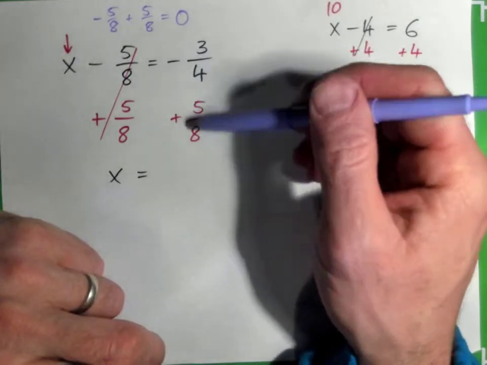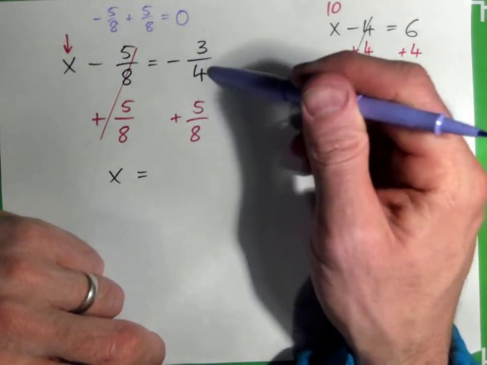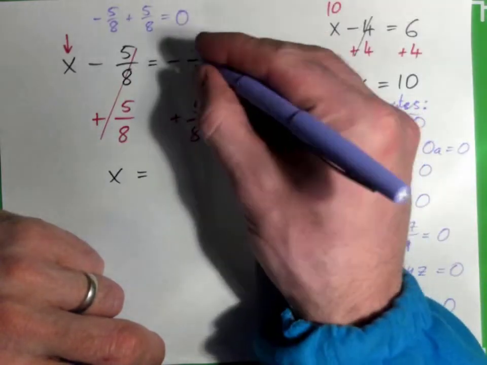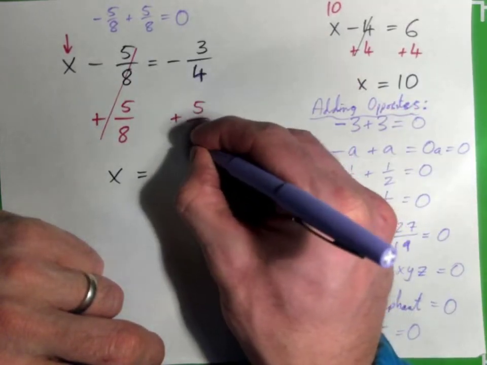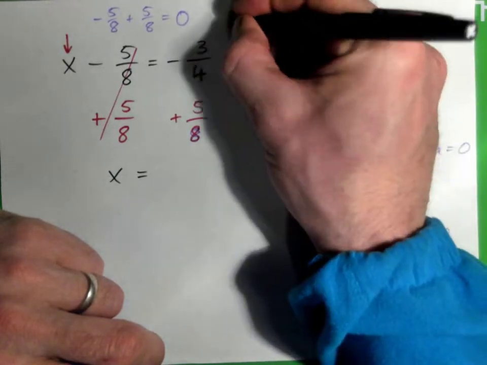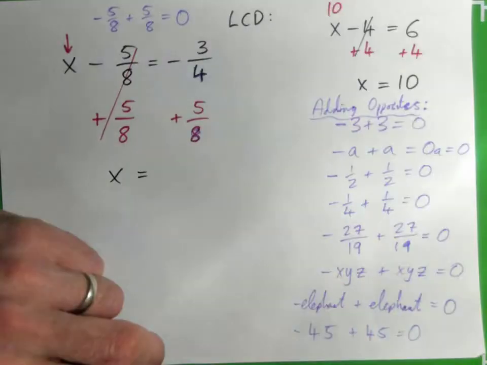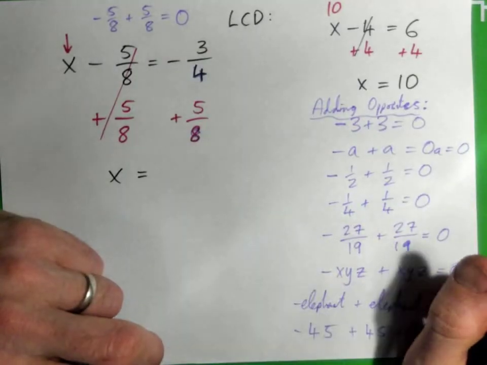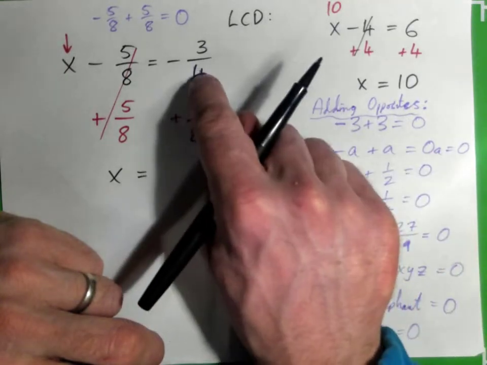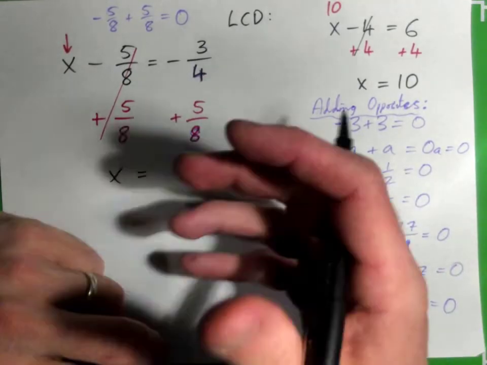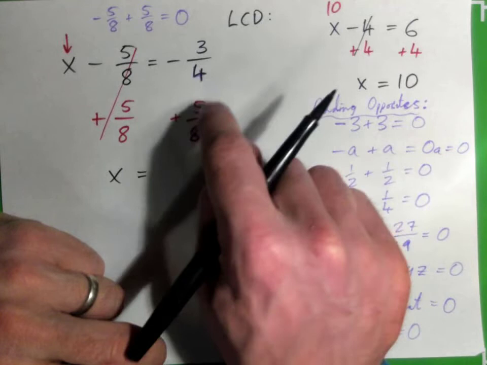So we must make the bottoms the same, but they're not the same because you've got quarters here and 8s over here. So how do we make the bottoms the same? Like, what's the lowest common denominator? So you've got to think about multiples of 4 and multiples of 8. What number does 4 go into and 8 also goes into?